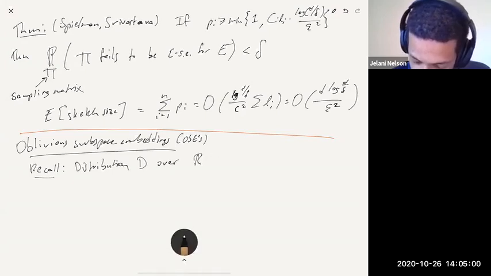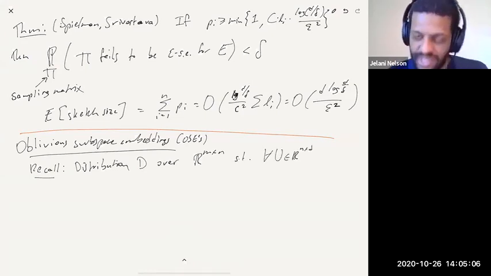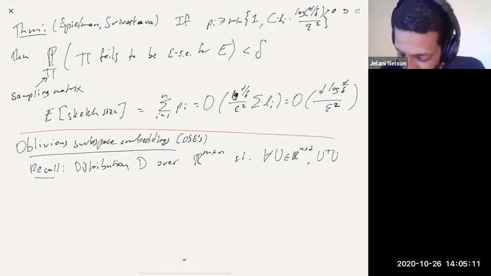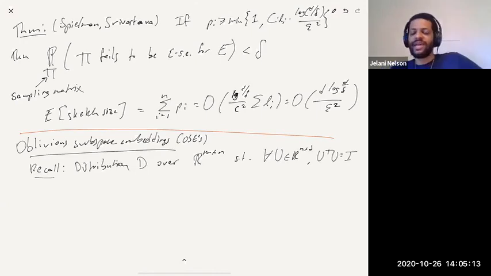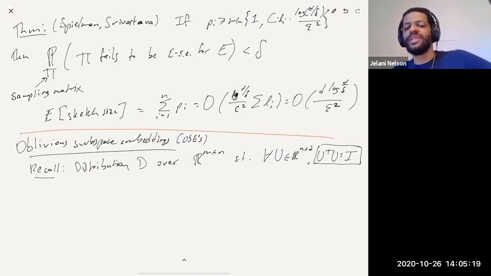Such that for all U, which is an orthonormal basis for a D-dimensional subspace, so U transpose U is identity. U transpose U as identity means it's an orthonormal basis, right? It means the columns are an orthonormal basis because different columns have dot product 0, and each one, u_i transpose u_i is 1, which means that the ith column has norm 1.